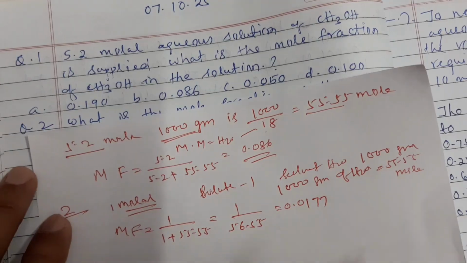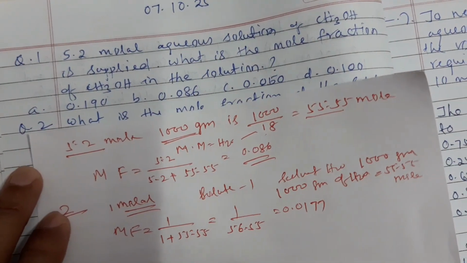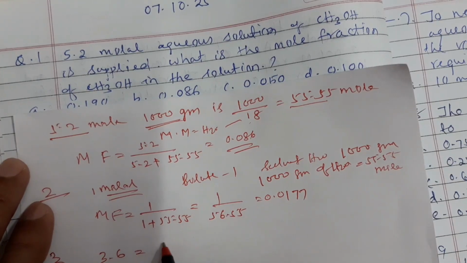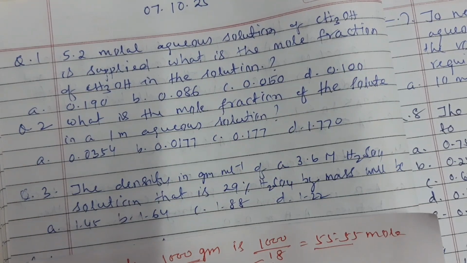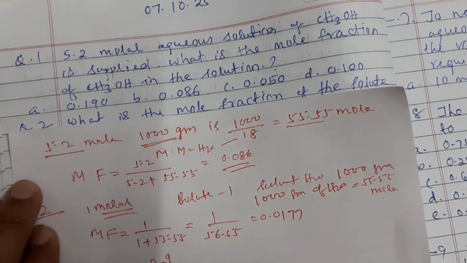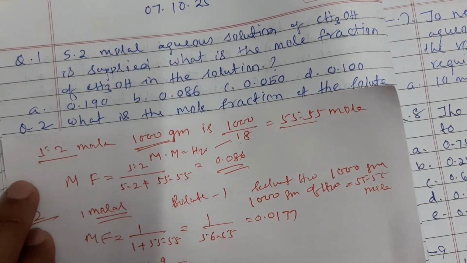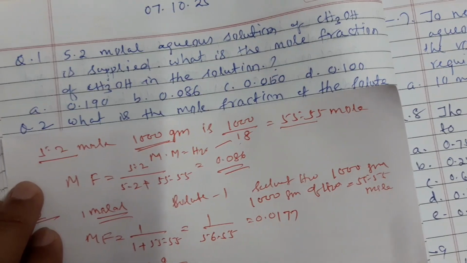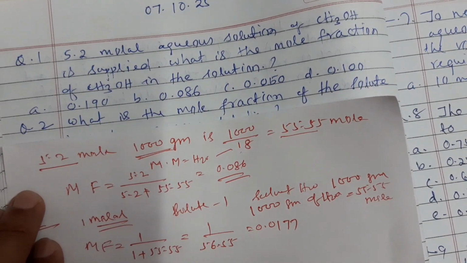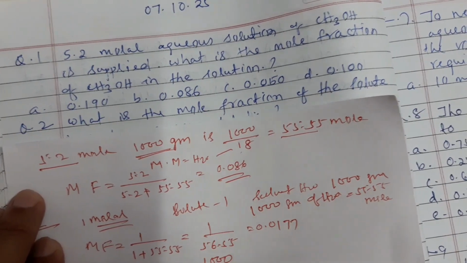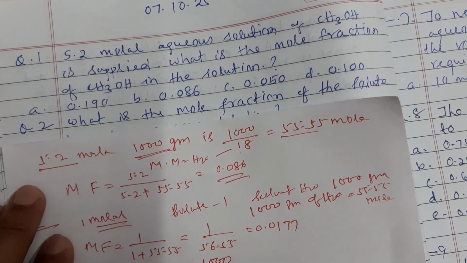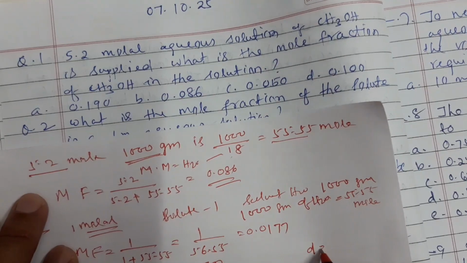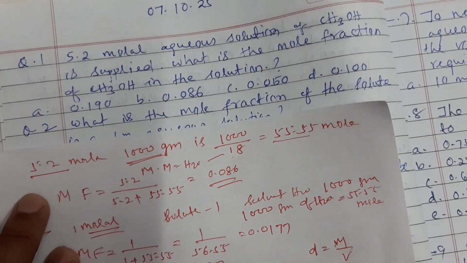You have to first write the formula. 3.6 molar is 29% by mass. The solute is 29, then molecular mass of sulfuric acid is 98, then multiplied by 1000 divided by the volume of the solution.